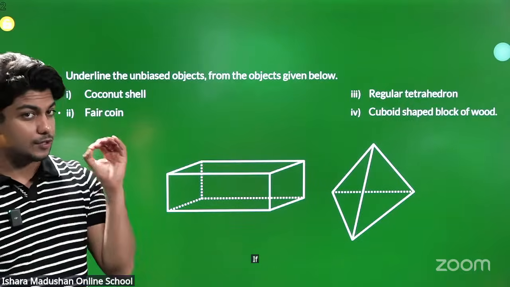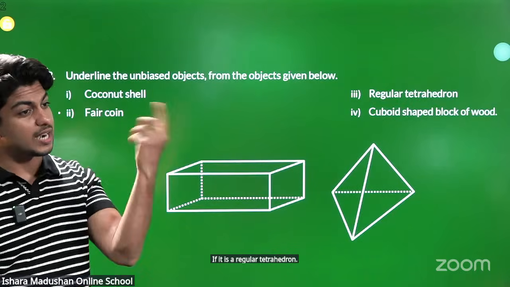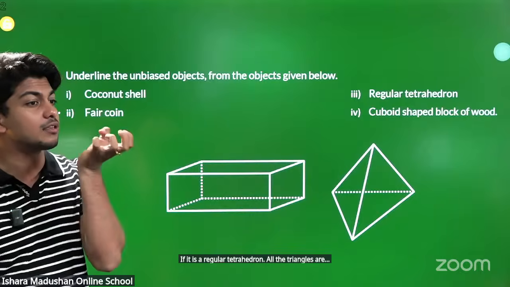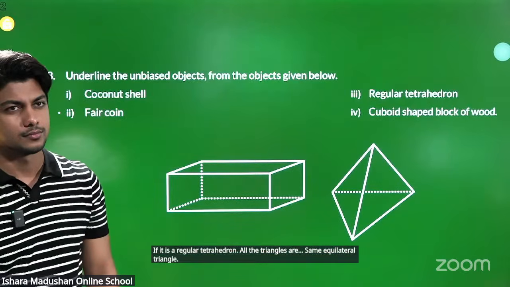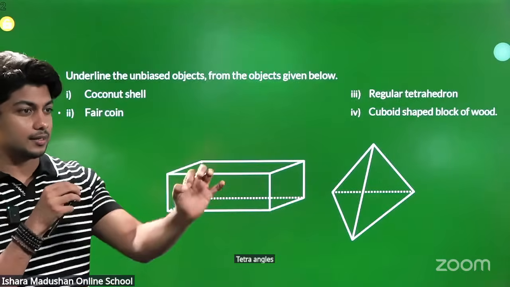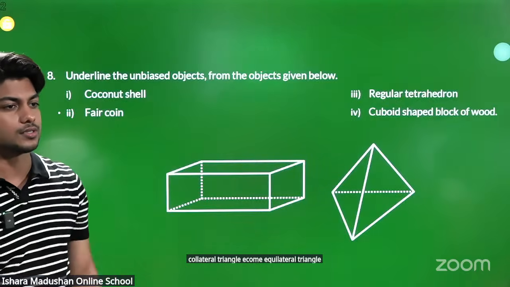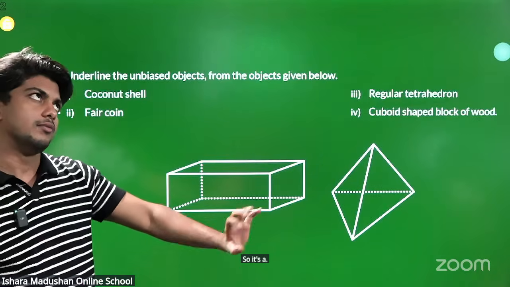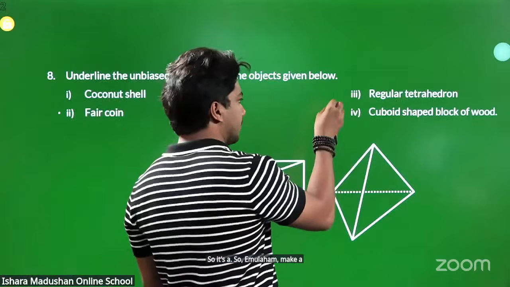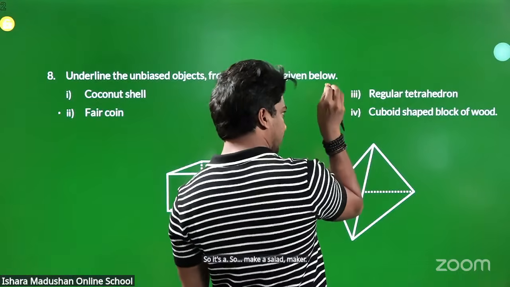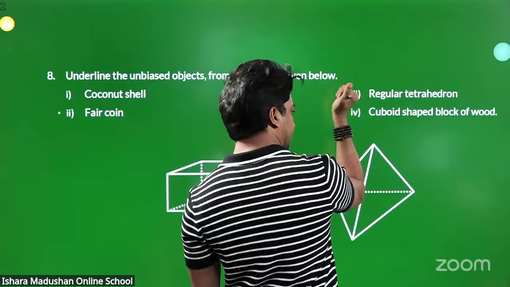If it is a regular tetrahedron, all the triangles are the same equilateral triangle. ඔක්කොම equilateral triangle එකම equilateral triangle එක වෙනවා. So එහෙම වුණාම මේක solid මේක මේ fair object එකක්. එහෙම නැත්නම් unbiased object එකක්. හරි.